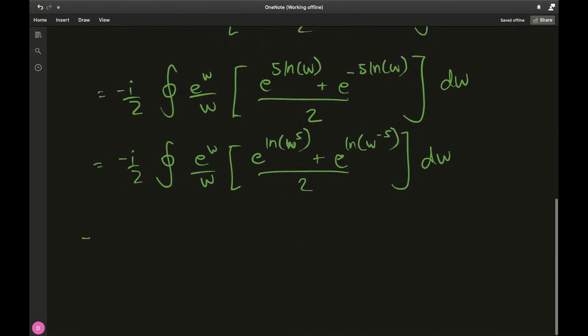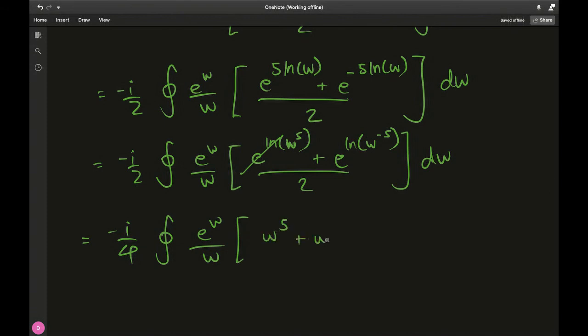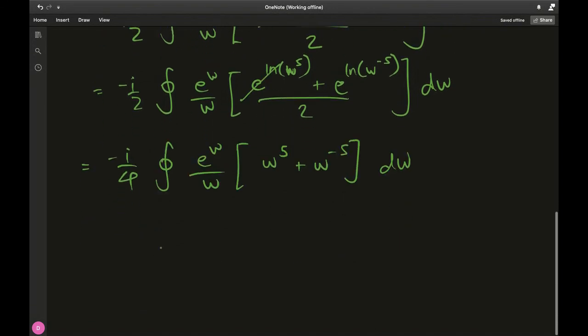Okay, take the 1 over 2 outside, so we have negative i over 2 times 2, which is 4, closed integral of e to the w over w. E to the natural log cancels out because they're inverse functions. We have w to the fifth plus w to the negative fifth dw, and then we can divide by this w in the denominator. We have e to the w, and then w to the fourth plus w to the negative 6.